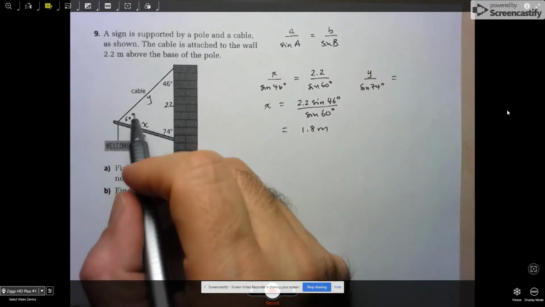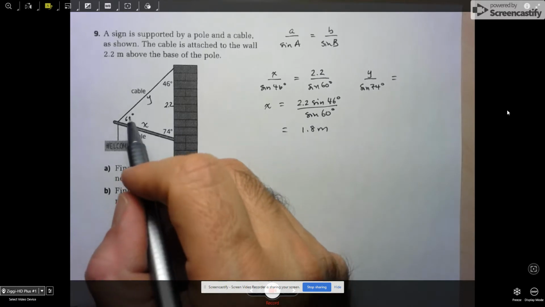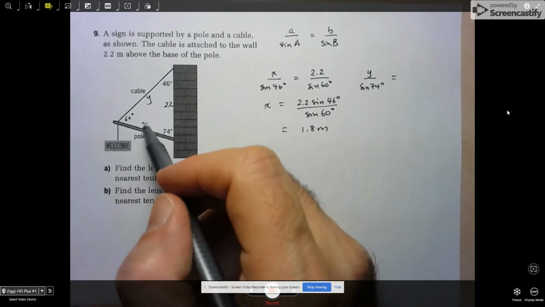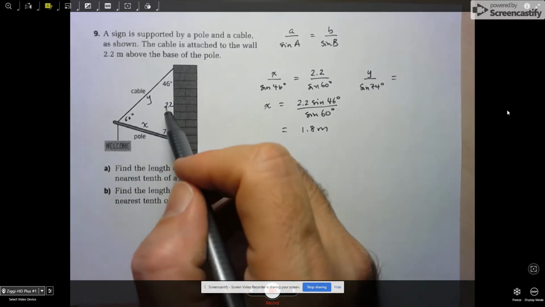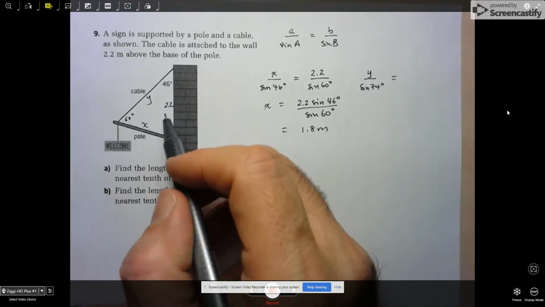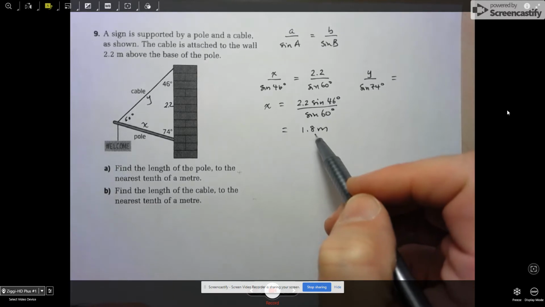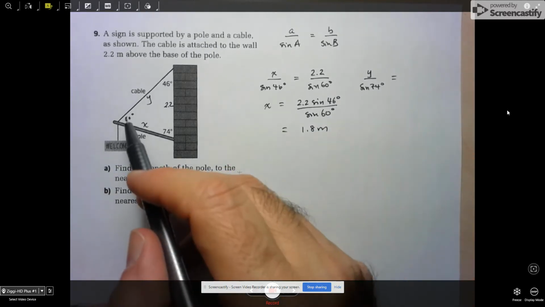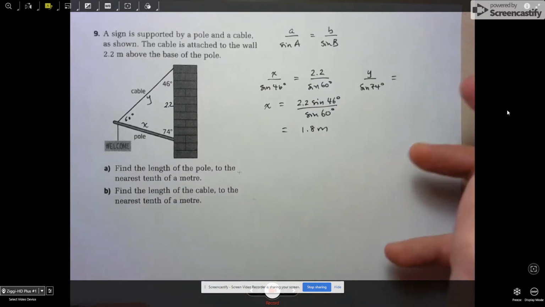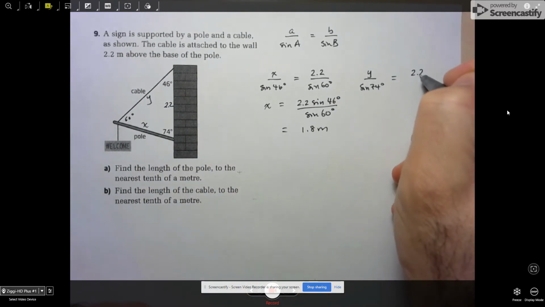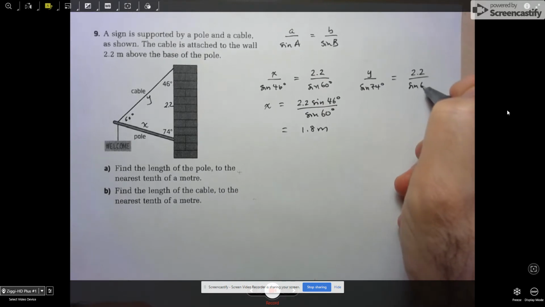I can use the same side opposite angle combination as before, or I can use this one here. But I'm going to choose to use the same one as before because 2.2 is an exact value. This 1.8 is an approximated value. So always better to use anything given that's exact. So I'm going to use the exact same ratio as I did before on the other side of the equation. So we have 2.2 divided by sine 60.